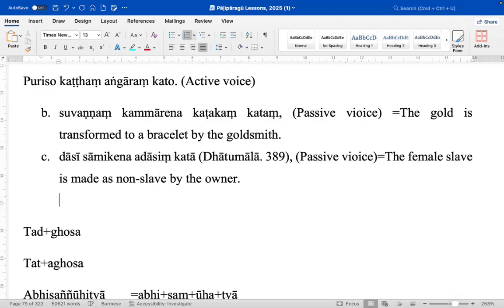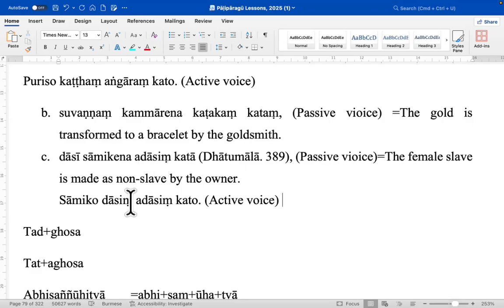So its original sentence is: Sāmiko dāsiṃ adāsiṃ akāsi. This is an active sentence, with the same meaning.